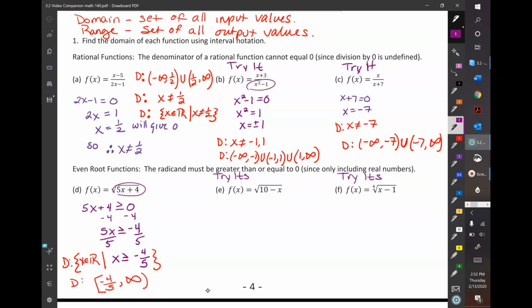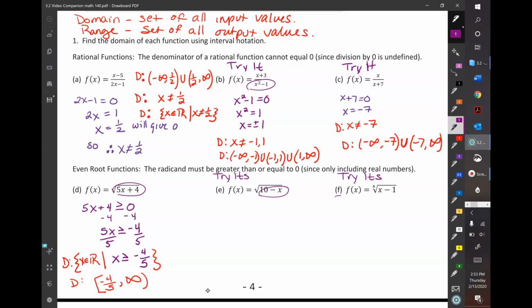One thing I want to point out though, on F here, you're going to do all even roots, okay? So E reads as f of x equals square root of 10 minus x. So you're just going to set the inside, the radicand, greater than or equal to 0.